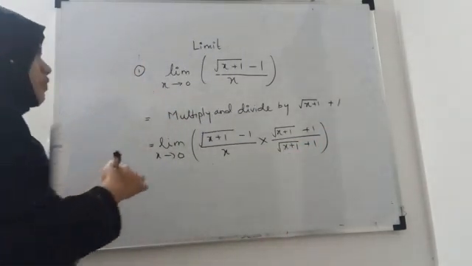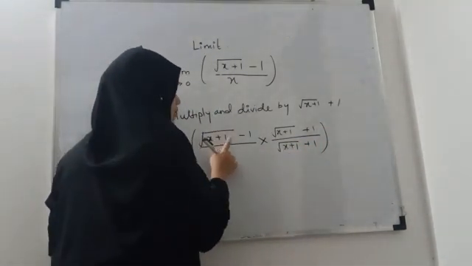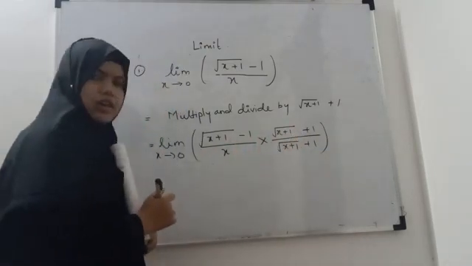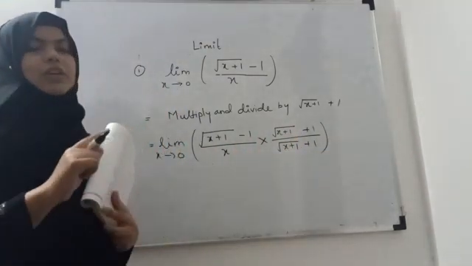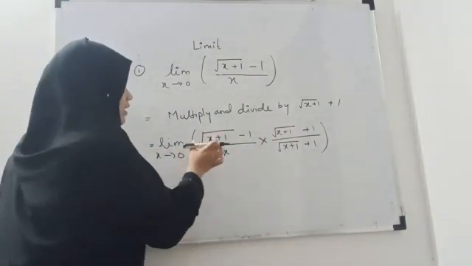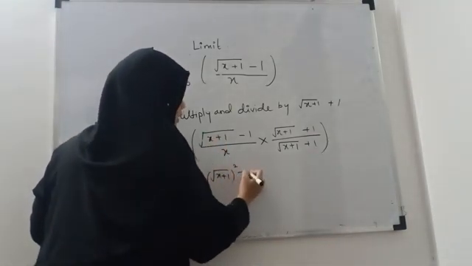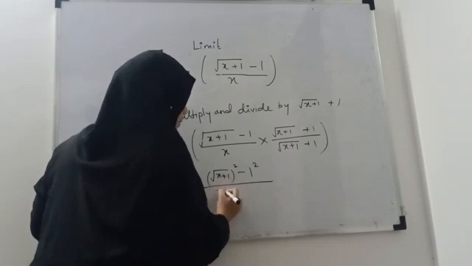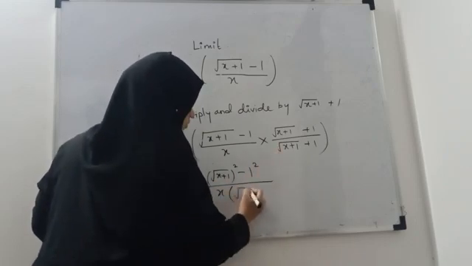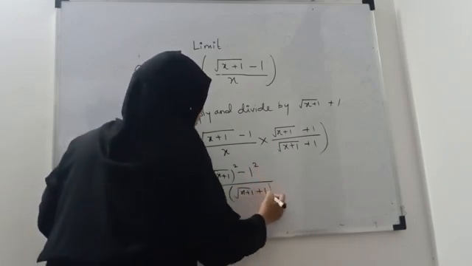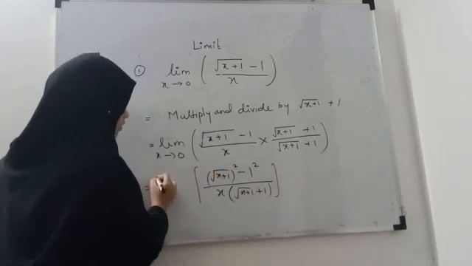So here we have a minus b, a plus b. The formula for a minus b into a plus b is a square minus b square, right? So here it will be root x plus 1 the whole square minus 1 square, upon x into this term, and we do have the limit as well.